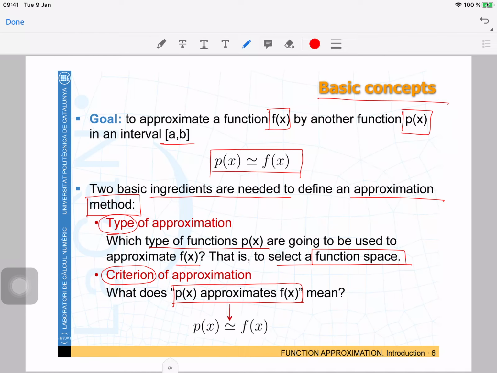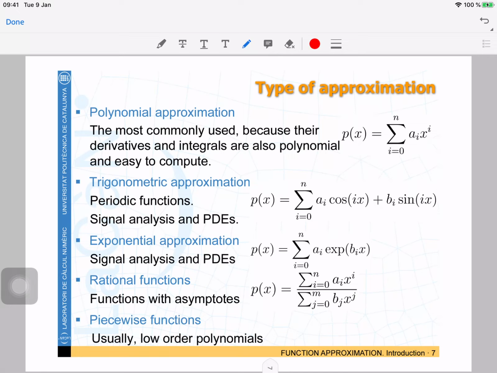Because the symbol of approximation can have different meanings, and based on the meaning of this approximation, we can identify our approximation method.